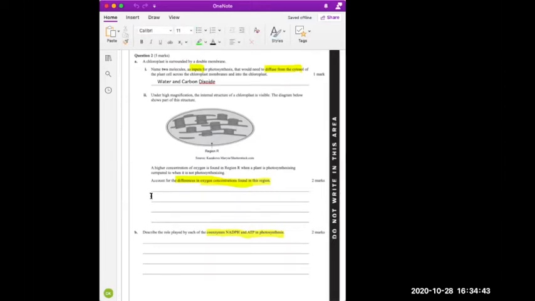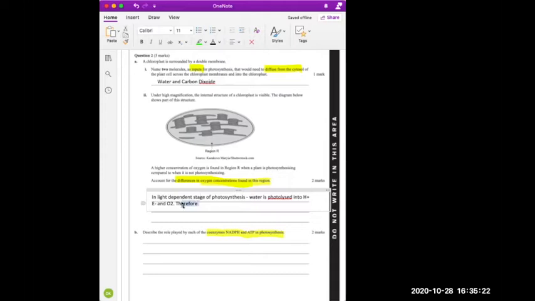Well, oxygen is produced by photosynthesis, right? So when photosynthesis is occurring, in the light dependent stage of photosynthesis, water is photolyzed into H plus ions, electrons, and oxygen.